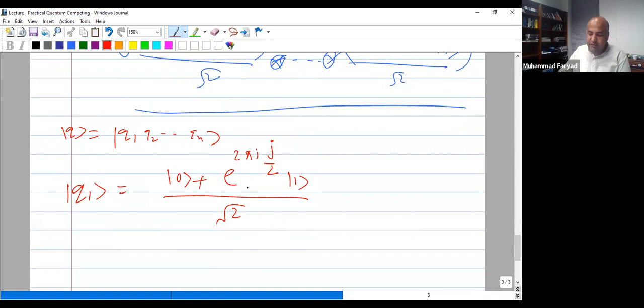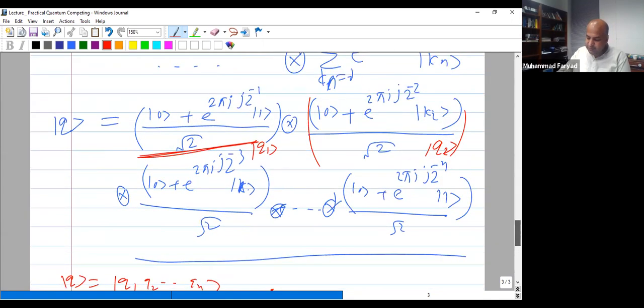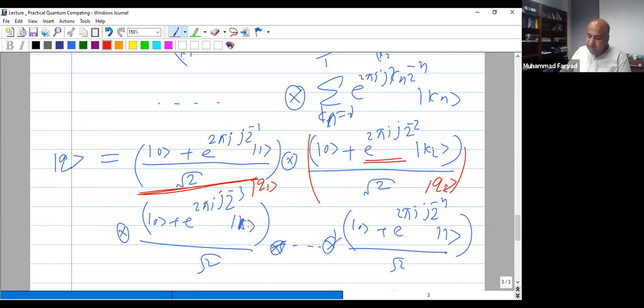So essentially we need a phase gate which applies a phase j by 2 into 2 pi to this one state. But we can actually do a little bit better, because for the next term we will need a phase gate which applies a different phase, and so on.